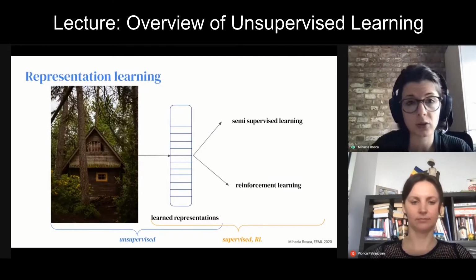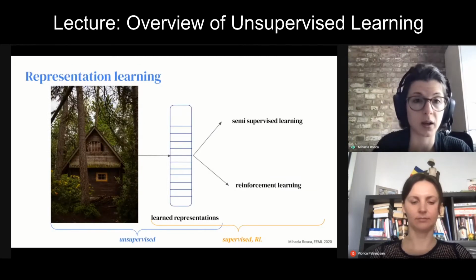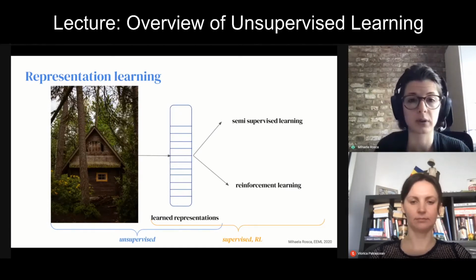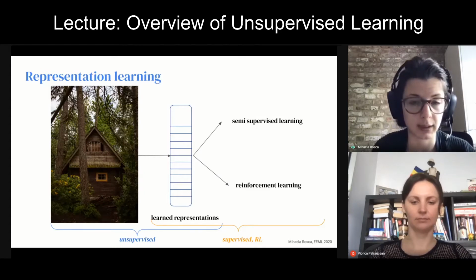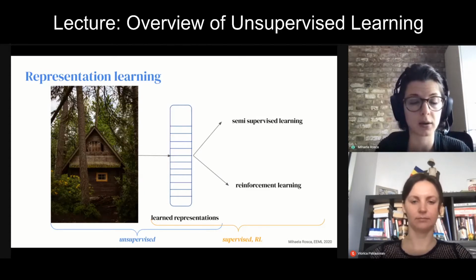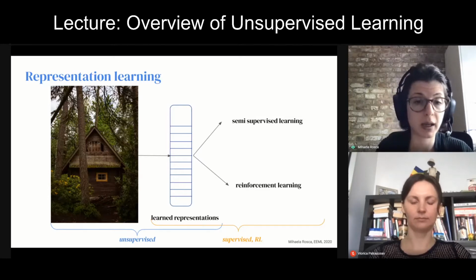But when I talk about representation learning in the context of unsupervised learning, I'm not talking about just using deep learning for a task. Specifically, I'm talking about learning representations in your learning pipeline through an additional learning stage, or integrating unsupervised learning in your learning.